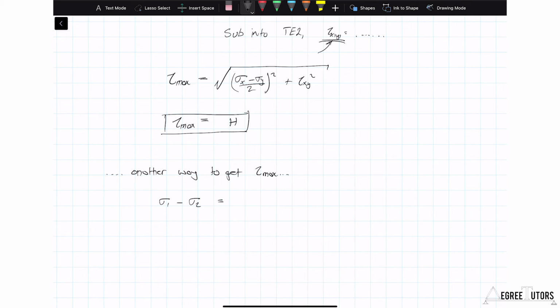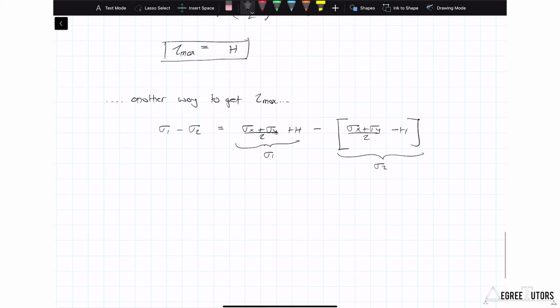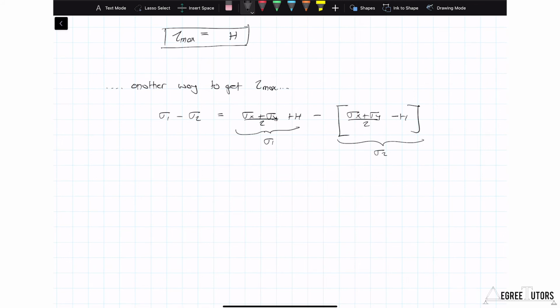Remember, there's a long expression for each of those, and if you subtract them, you end up with sigma x plus sigma y over 2 plus h, minus sigma x plus sigma y over 2 minus h. Take all of that away, and that's just sigma 2. So you end up with sigma 1 minus sigma 2 is equal to 2h.